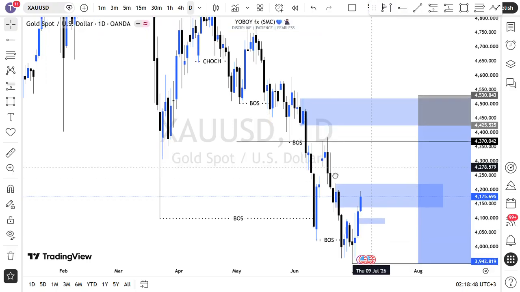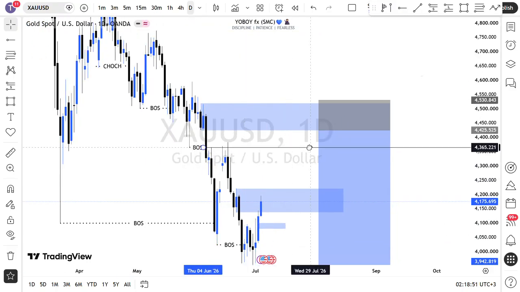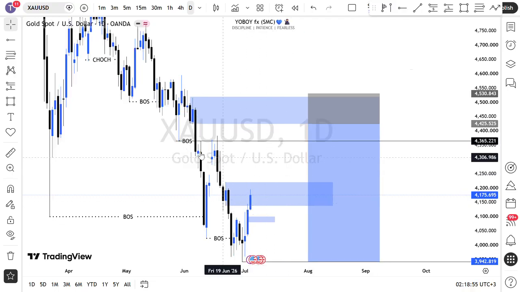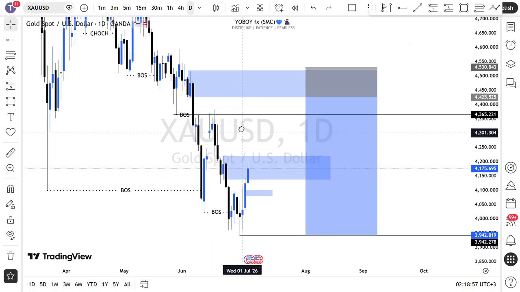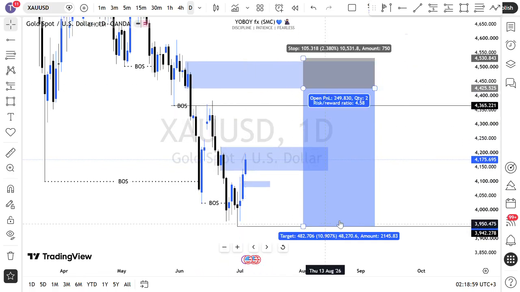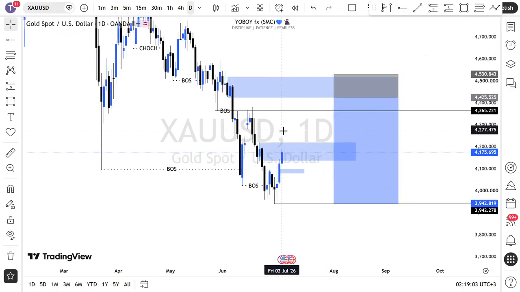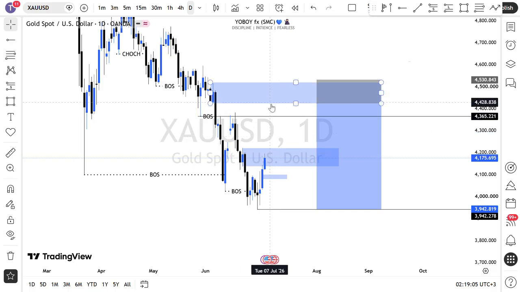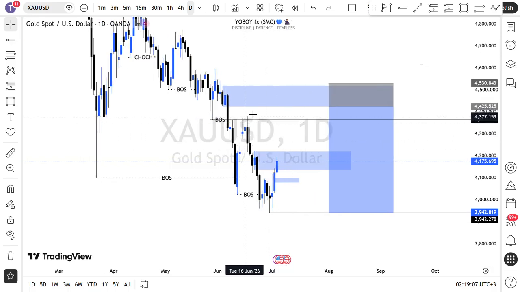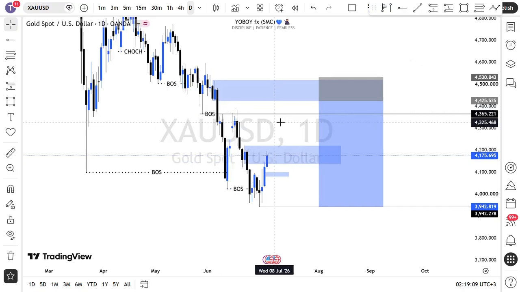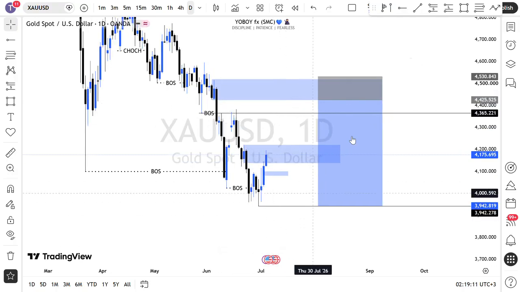We need to see the market filling in this fair value gap. So that was the low. So we need to see the market filling in this fair value gap from the monthly time frame. Then we look to take our sales to the downside. So this is my best point of interest. I expect the market to be having that pullback, use this internal structure as a liquidity, and then we look to sell to the downside.